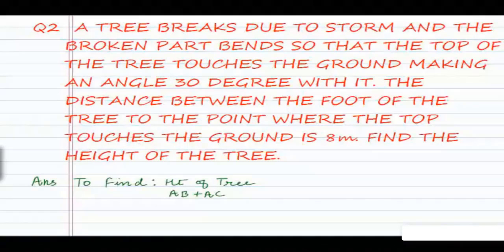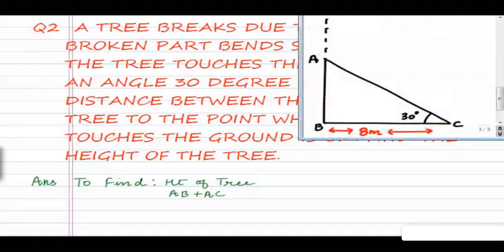So our question number 2 is, a tree breaks due to a storm and the broken part bends so that the top of the tree touches the ground, making an angle of 30 degrees with it. The distance between the foot of the tree and the point where the top touches the ground is 8 meters. Find the height of the tree. So understanding our question from the figure, what is happening in this question is that this was a tree.